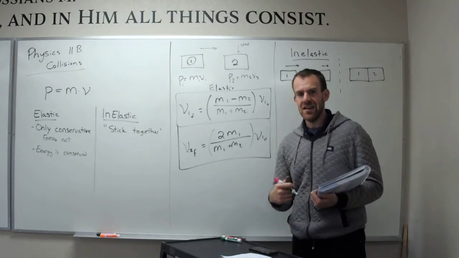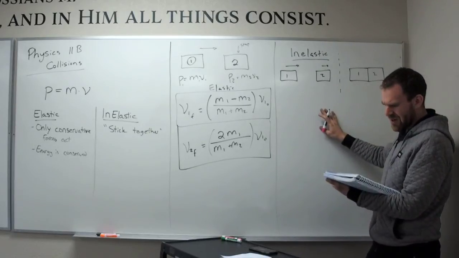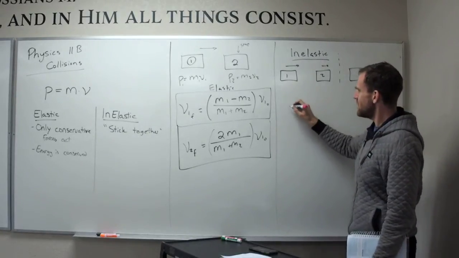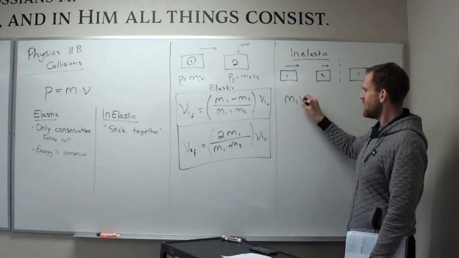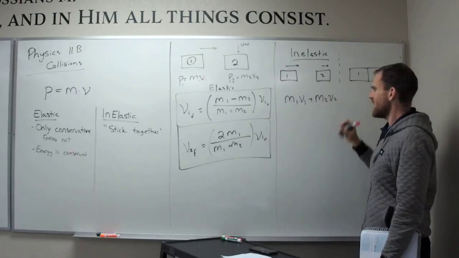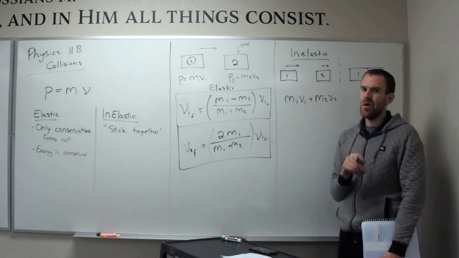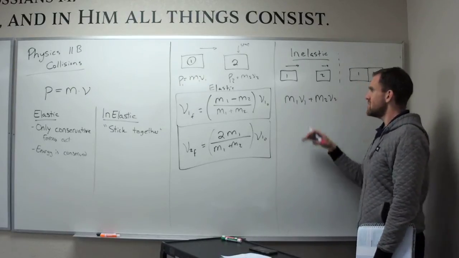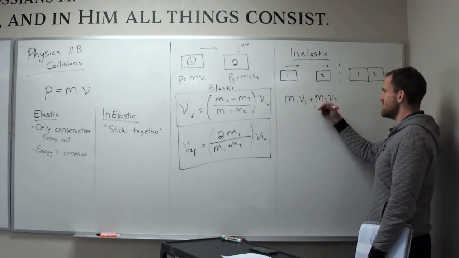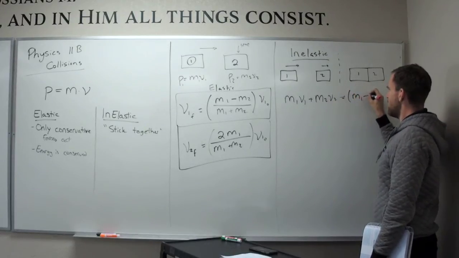An inelastic collision. So the equation for inelastic collision is actually pretty easy to derive. We take the momentum of the first one, add the momentum of the second one. In this case, energy is not conserved, but momentum is conserved. So we have the momentum of the first one plus the momentum of the second one, and that equals the momentum of the third one.